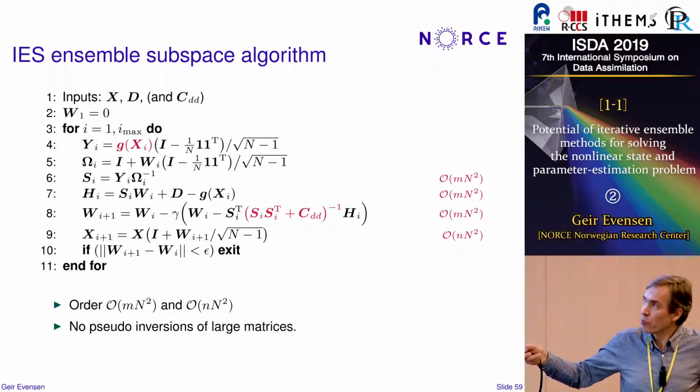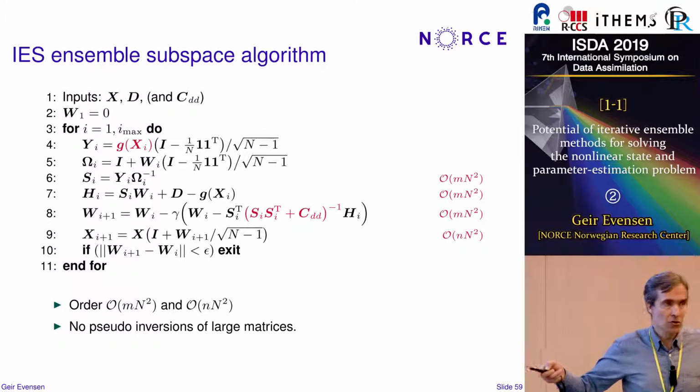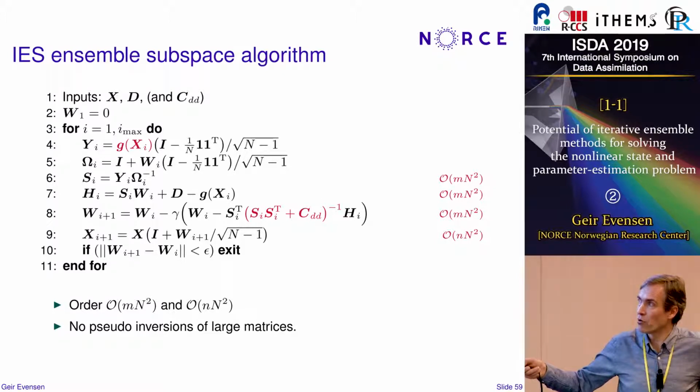You compute the model prediction, subtract the mean, and scale it. You compute this omega matrix, you solve for S here. It's just linear systems to solve. It's quite easy, and the dimension is the number of realizations again. And you compute the right-hand side, and you have this equation for the iterations.